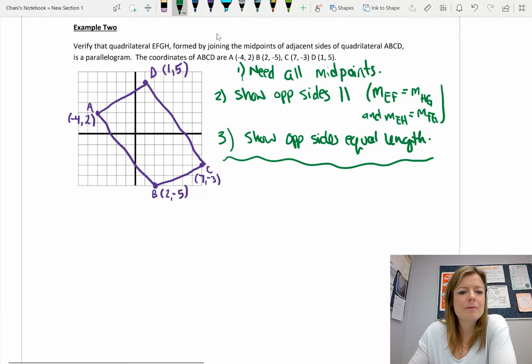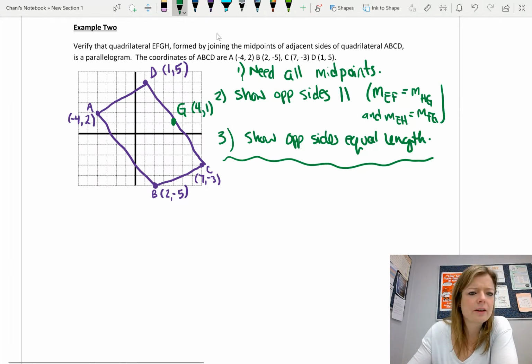Okay, so I'm going to label them just to save time for the video. Our first midpoint here, I called this one G, and it is 4, 1. It is the midpoint between D and C. And the midpoint of AD I called H, and it is negative 1.5, positive 3.5.